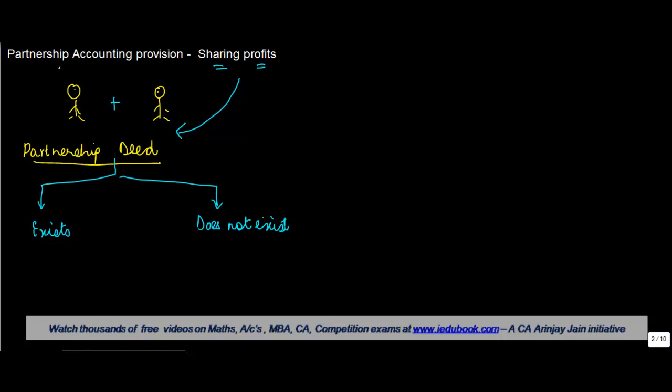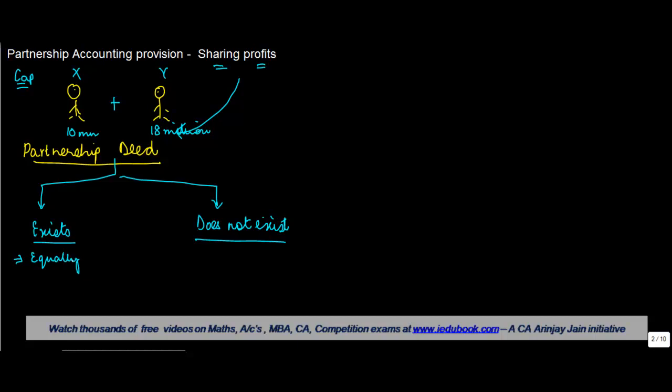Let's say, for example, the capital introduced by X is 10 million and Y is 18 million. If a partnership deed exists, it will normally provide the ratio in which the partners have to share the profits. Let's say it says equally.